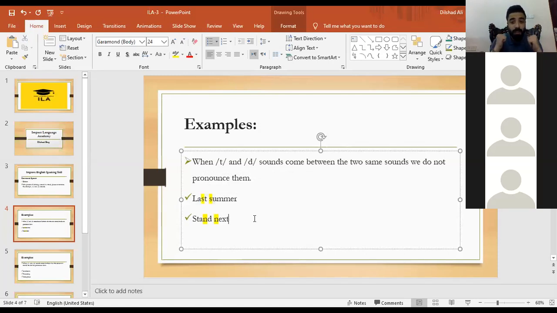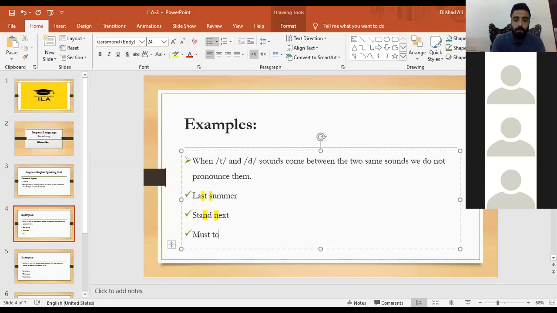And last week, in the previous class, if you remember, we said when two same sounds follow each other, we sound them as one single sound. For example, if we have two T sounds following each other, we sound them as one T. Like must to.